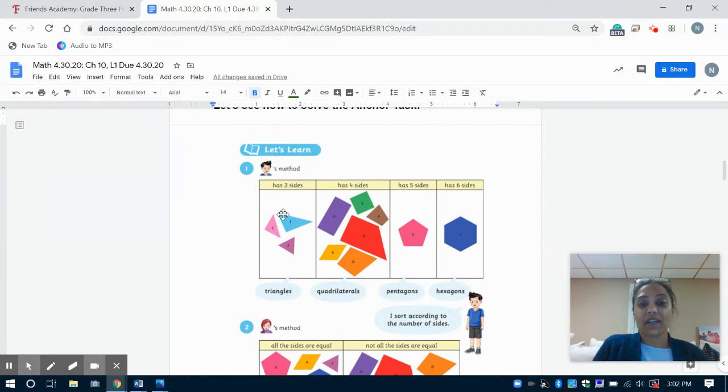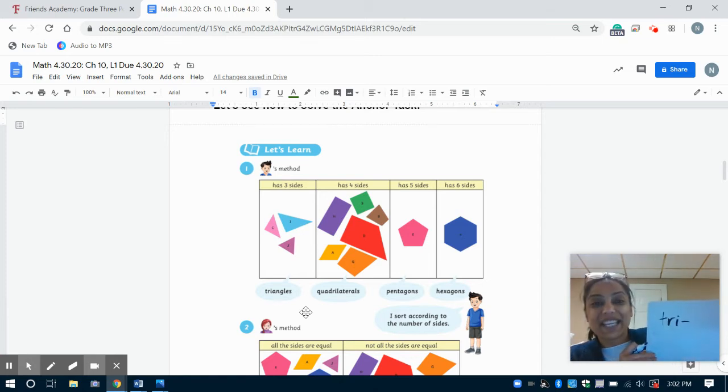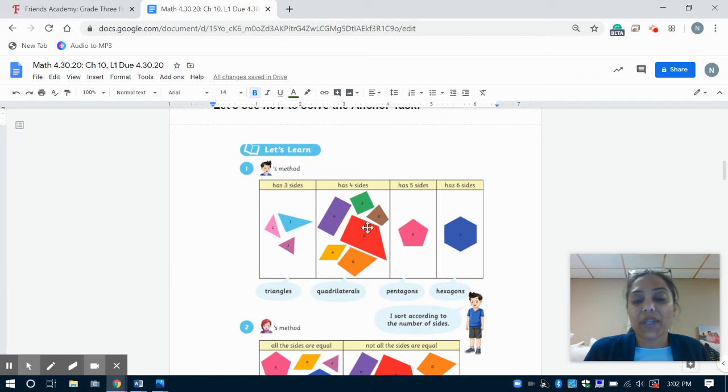A 3-sided figure or a shape or a polygon is known as a triangle. I want to just pause there and let you know that this prefix, that means part of a word, tri, means 3. He also said, I'm going to sort them by showing 4 sides, and those are known as quadrilaterals.